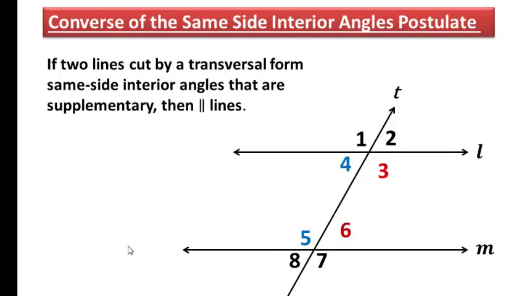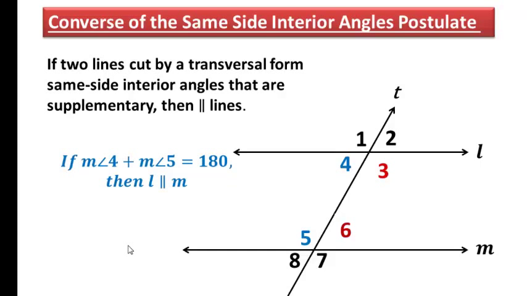Now we have the converse of the same side interior angles postulate, and it says if angle 4 and angle 5, if we take their measures and they have a sum that equals 180, we can conclude that we have parallel lines.